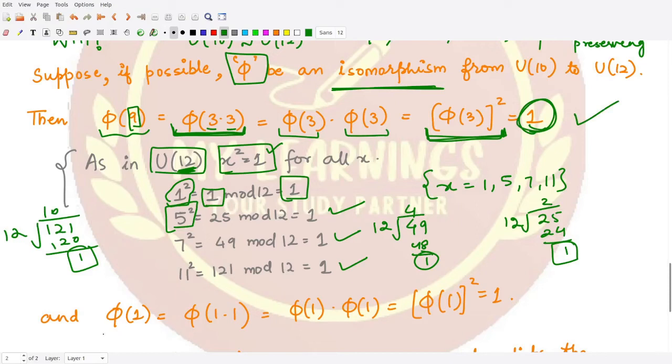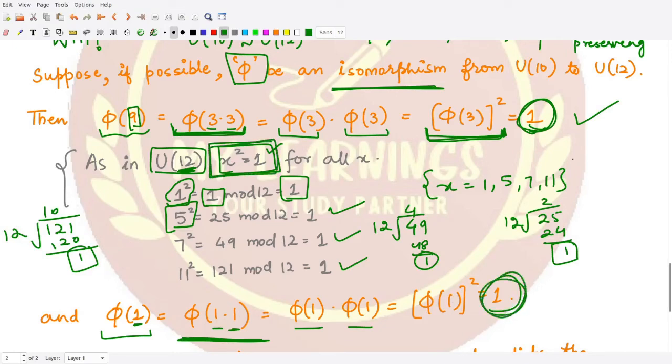Similarly, let's check for phi of 1. For phi of 1, again you can write 1 as 1 multiplied by 1. Again by the operation preserving property, we can write phi of a times b as phi of a times phi of b, right? Again we can express it like this, phi of 1 whole squared, and again because of the equation x squared equal to 1, this term is equal to 1.